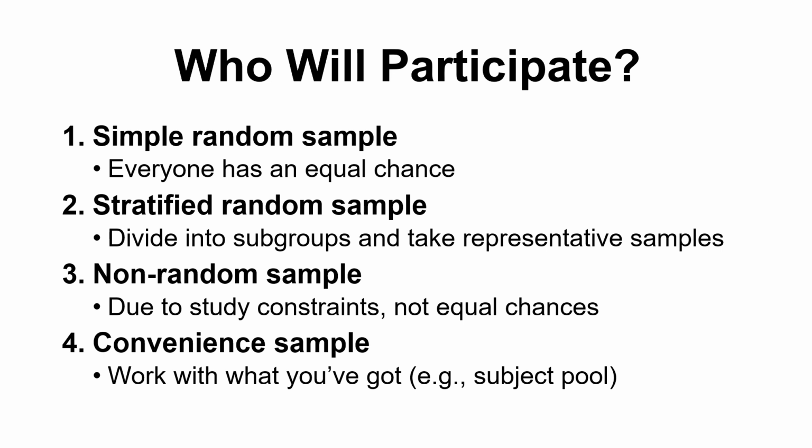And the last kind of sample is a convenience sample. And this is what tends to happen probably more often than it should. This is what happens when you work with what you've got. So for example, research participation works with undergraduate students at university because that's who we have access to. So it is a convenience sample that doesn't necessarily represent the population as a whole, but it's the best we have available to us.